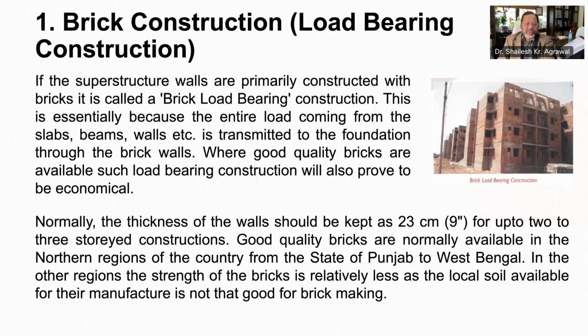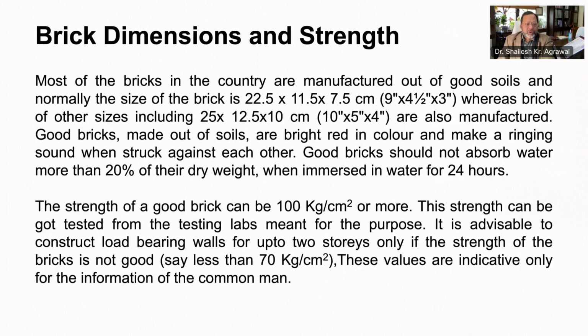In other regions, the strength of brick is relatively less, as the local soil available for brick manufacturing is not that good. Let me also dwell upon the brick dimension and its strength a little bit. Most of the bricks in country are made of good soil, and their size is 9 inch by 4.5 inch and 3 inch, or it is 22.5 centimeter by 11.5 centimeter by 7.5 centimeter.